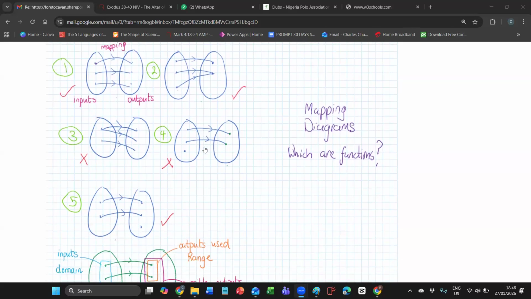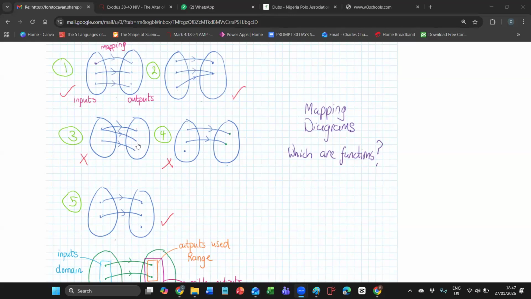Now let us see some cases where we cannot call it a function per se. Look at number 3 very well. In number 3, one input is being mapped to 2 different outputs.